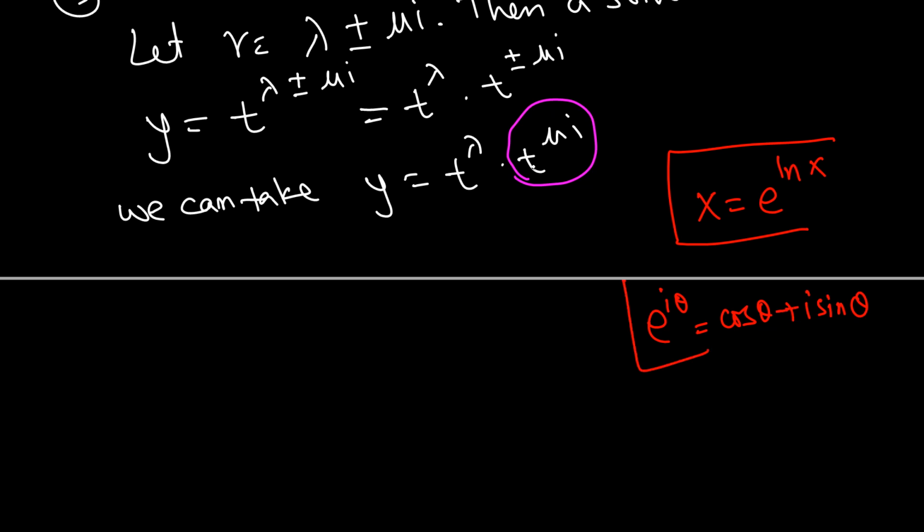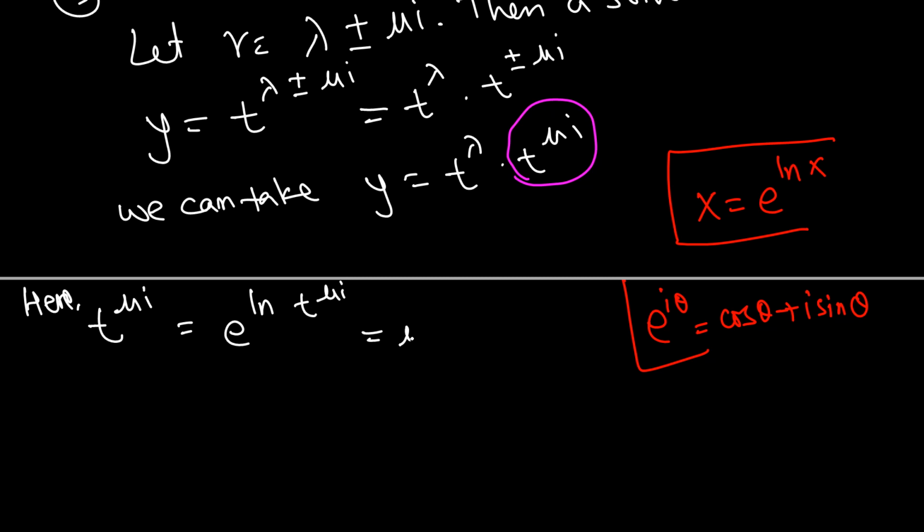Okay, so we have here t raised to mu i, which is the same as e raised to natural log of t to the mu i, using this fact. Oh, my bad here. Okay, t raised to mu i, e and natural log cancel, so we just have this. But this is an exponent, so this can be pulled to the front.